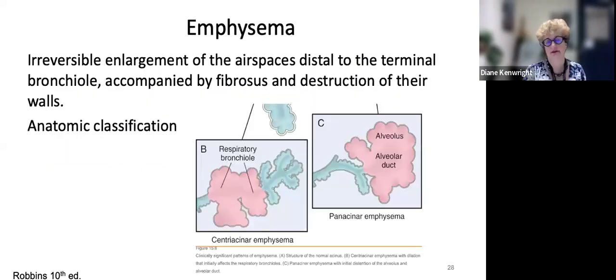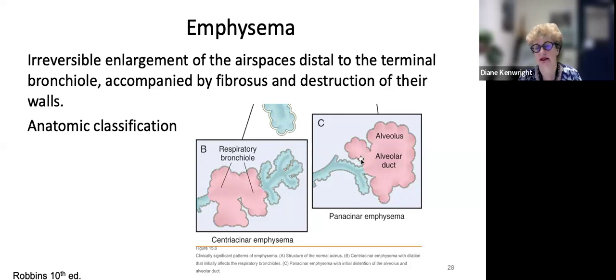Let's think of this. Emphysema is irreversible enlargement of the airways. There are several ways to classify emphysema, but often it's done using an anatomic classification where we think about where the airway is dilated.